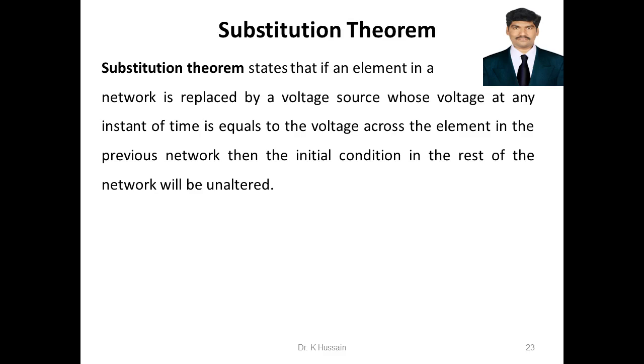So both should be the same, that is the meaning. The only condition here is that the initial condition in the rest of the network will be unaltered, no change in that. Those are fixed conditions. The same statement we can give in another, simpler way, so we'll see that now.